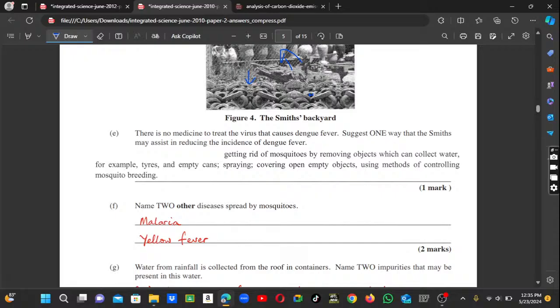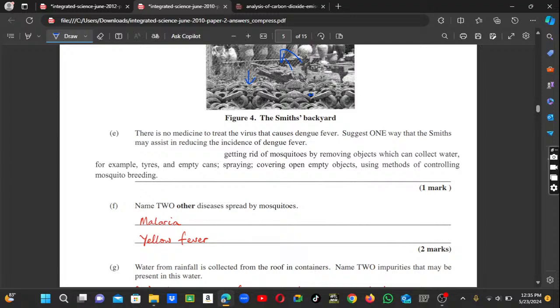What he could do is eliminate all objects that are non-usable, things which are not usable. Eliminate them, such as the cans and tires and all of those. You could write it here.